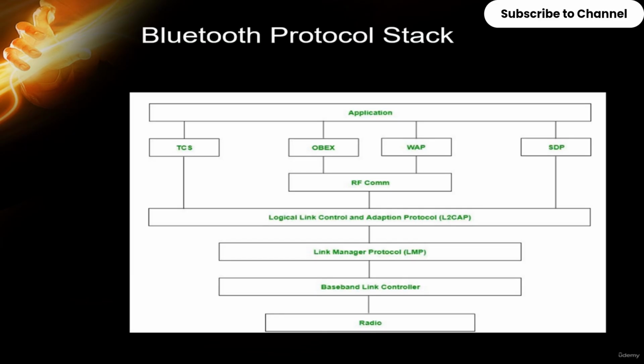Additionally, it offers serial communication, and L2CAP is also useful in this RF communication. OBEX is object exchange; this protocol allows two devices to exchange objects. The wireless application protocol is used for connecting with internet services.